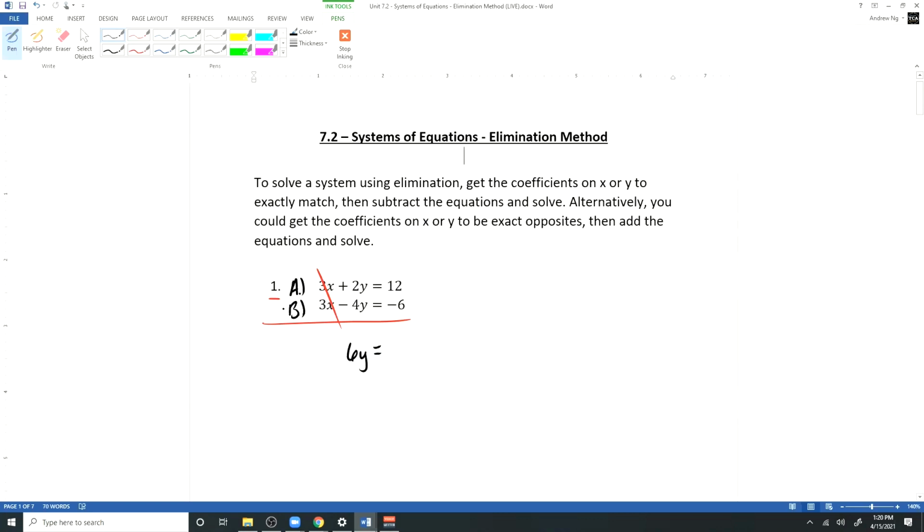Again, careful with your subtraction here. This will end up being 18. All right, 6y equals 18. Divide both sides by 6 to find that y equals 18 divided by 6, which is 3.